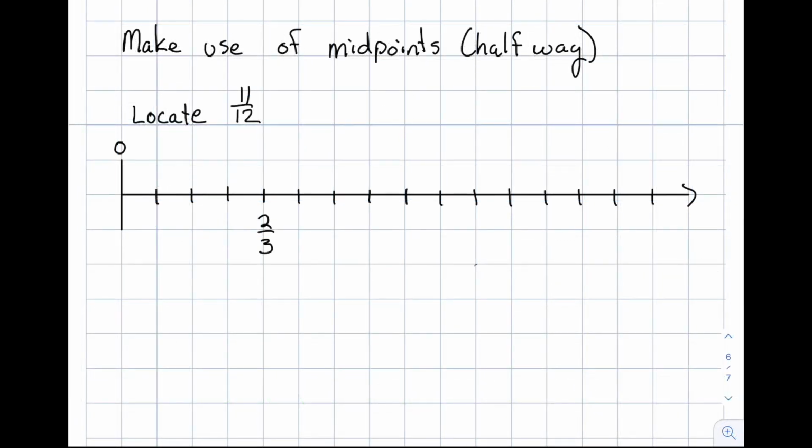In this next problem, we want to locate 11/12, and we're given the location of 2/3. Here, we're going to be making use of midpoints or halfway points. Again, we'll look for a common denominator. I can see that 12 is a multiple of 3, so all I need to do is rewrite 2/3 as 8/12.